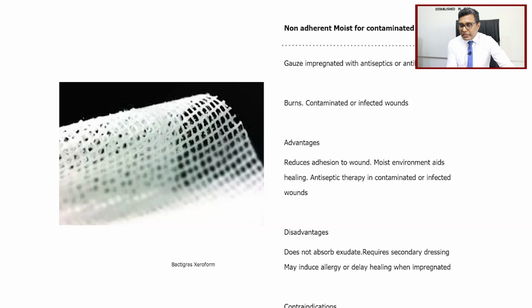For burns, of course, it has been proven that the antiseptic containing dressings have a slight advantage over plain dressing, because burns behave differently from other wounds. Remember that the other important thing is that these need another secondary dressing and also a retaining dressing.